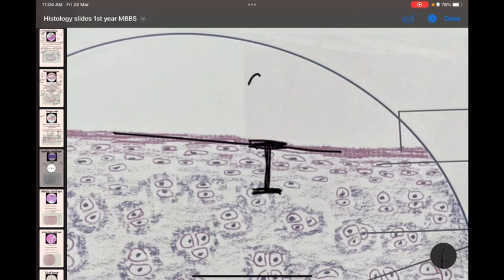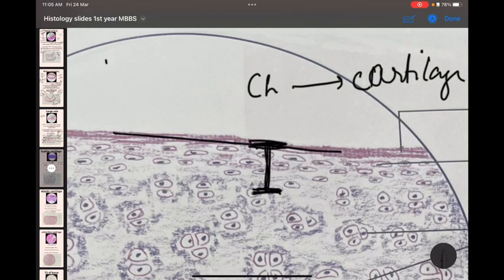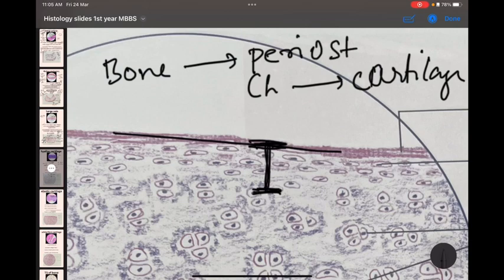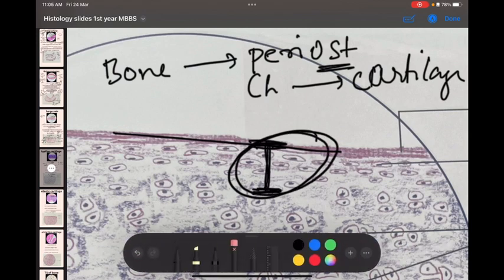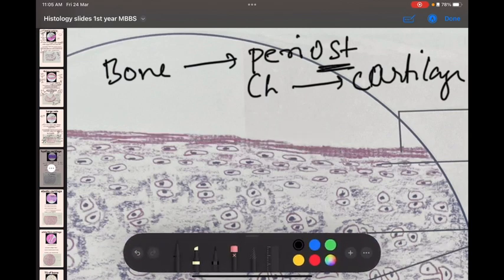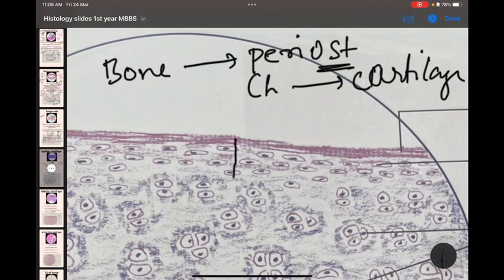In the case of cartilage it is perichondrium, whereas in the case of bone, it is periosteum. Okay, until here is your perichondrium.